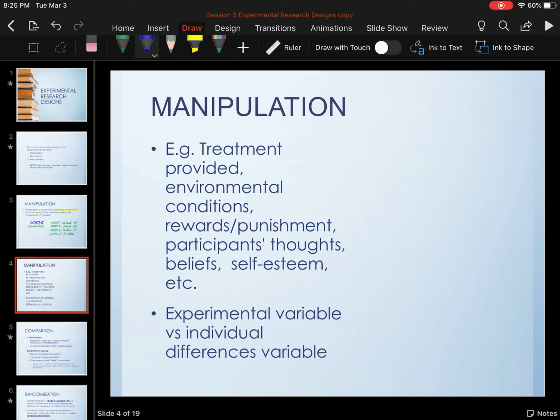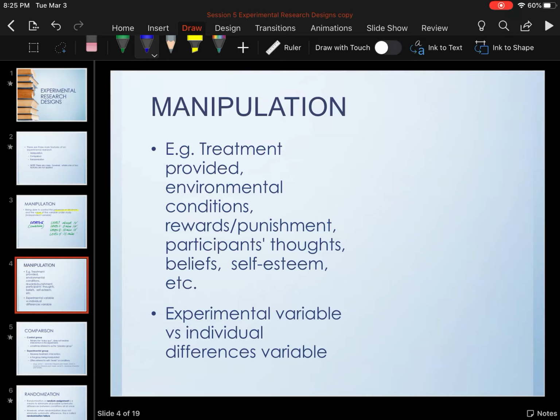One popular example would be self esteem. So there are research studies where people in a control group are asked to take an exam, and then people in an experimental group are also asked to take the same exam.